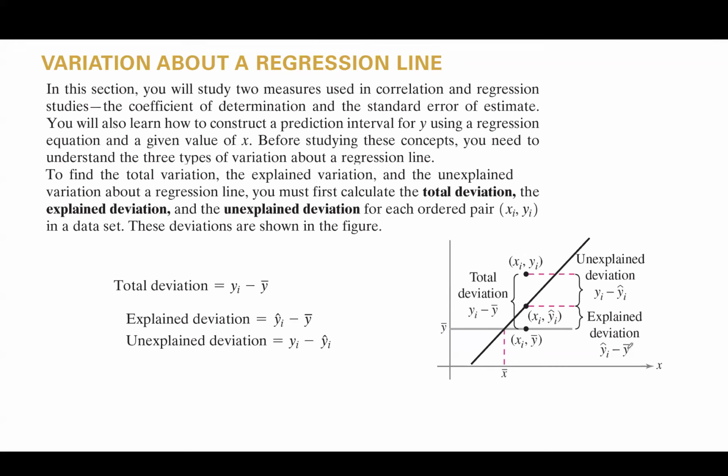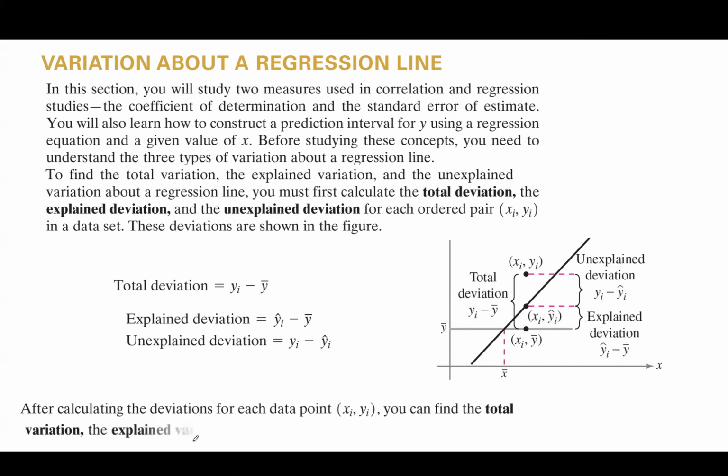Explained deviation is y i hat minus y bar, the difference between the predicted y value and the average y. And the total deviation, which is the difference between the actual y i and y bar, can be calculated with the formula represented here. After calculating the deviations for each data point, x i and y i, we can find the total variation, the explained variation, and the unexplained variation.